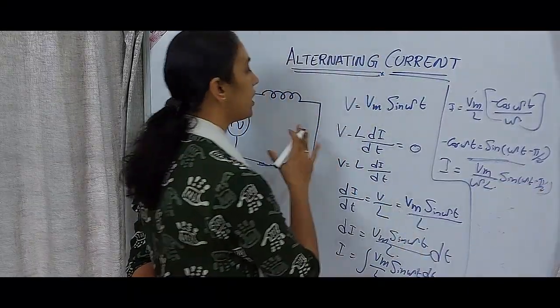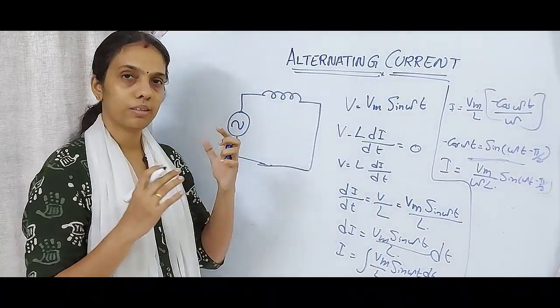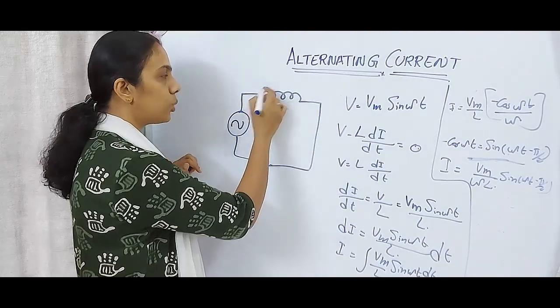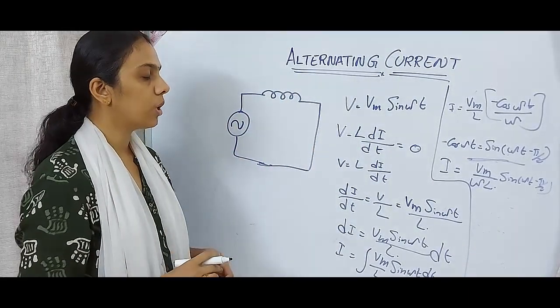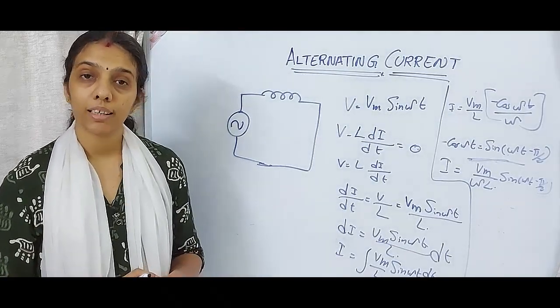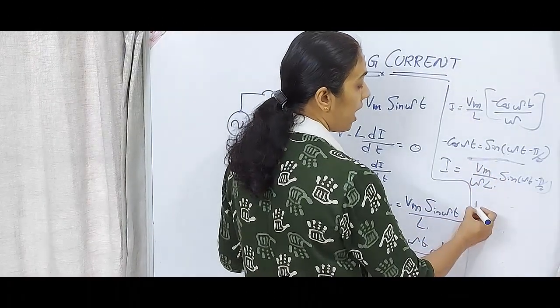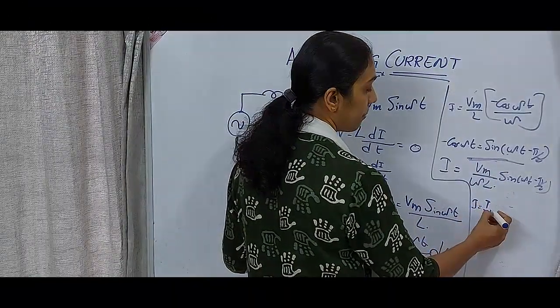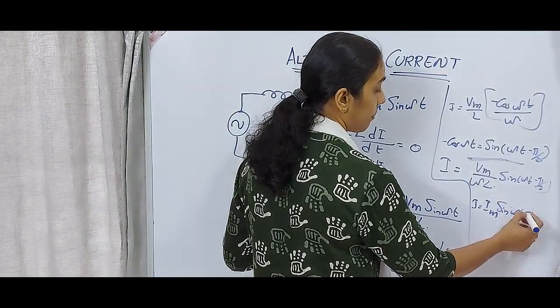So in this equation, when we pass alternating current through the inductor, the current we got is Vm by omega L into sine of omega t minus pi by 2. I am considering Vm by omega L as Im, so I equals Im sine of omega t minus pi by 2.